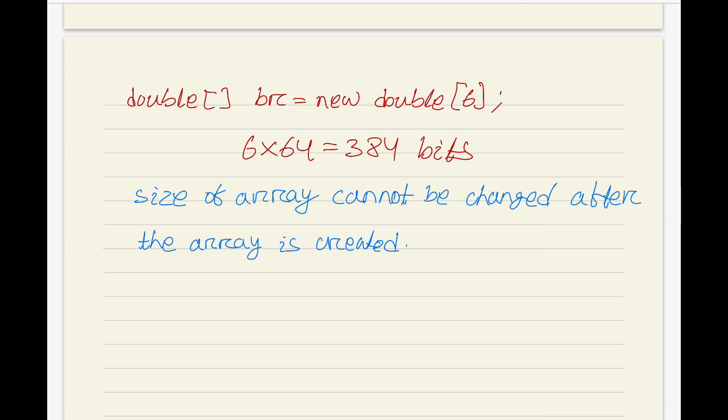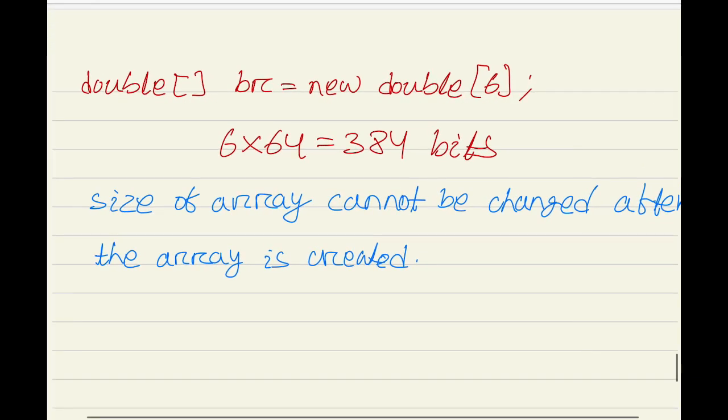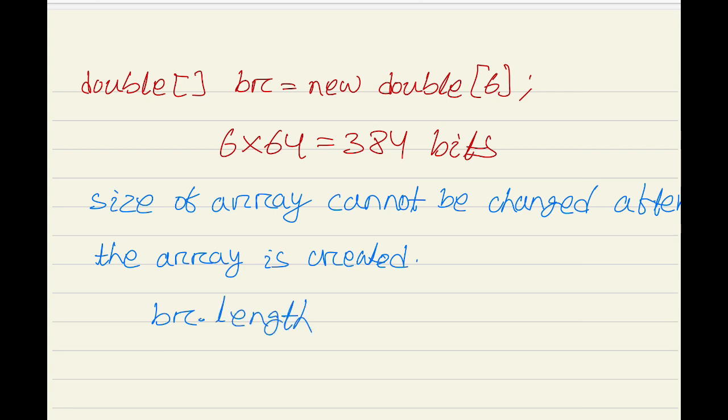Okay. Now every array knows its length. So we can get the size or length of the array using array reference variable dot length. So here what is the array reference variable in this example? It is br. So if we write br dot length, it is going to return 6.